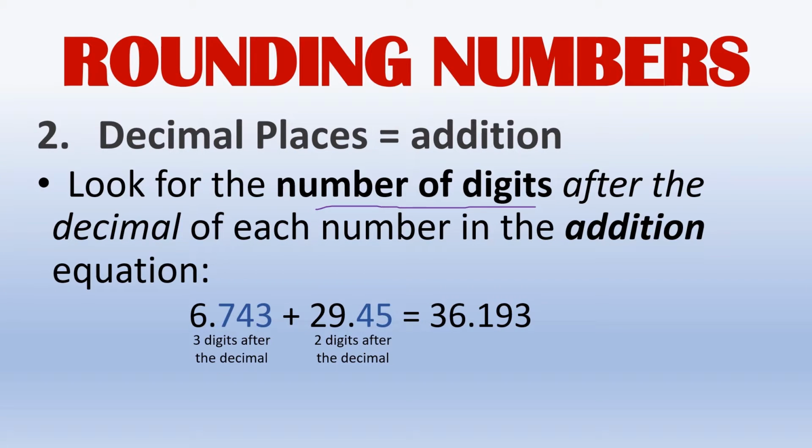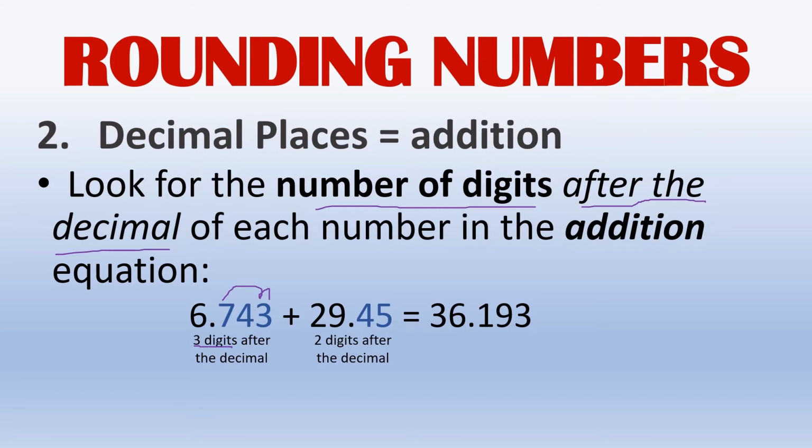We look for that number, and then choose the least amount of digits after the decimal depending on what input numbers we have. On this one, we have 1, 2, 3 digits after the decimal: 7, 4, and 3. So that's 3 digits after the decimal.